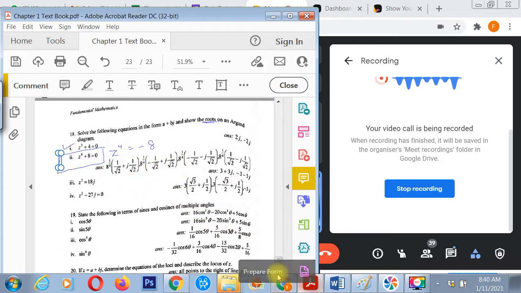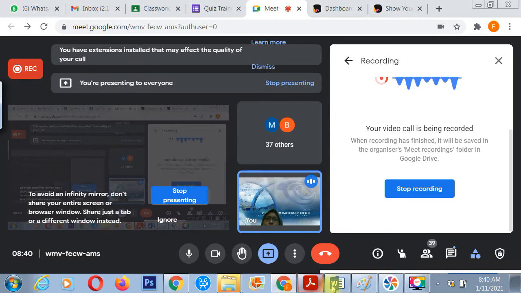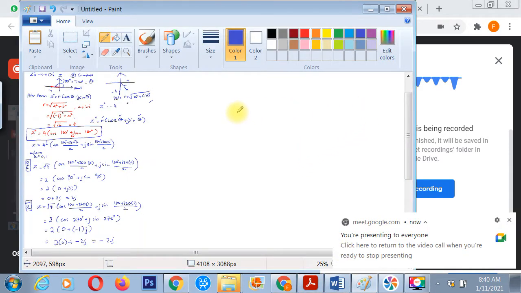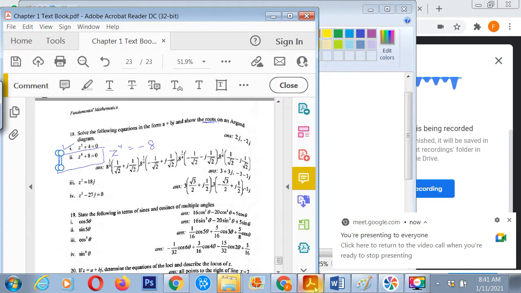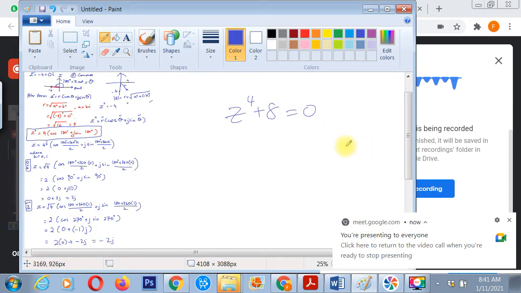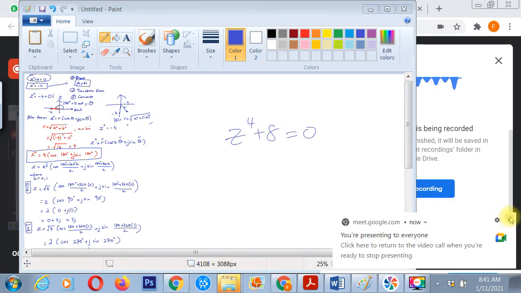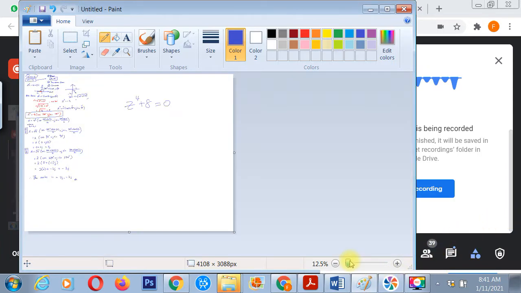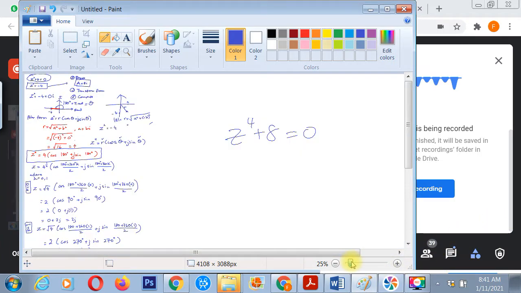Alright, to get this question, z to the power of 4, 8. I will leave it with z to the power of 4 plus 8 equals to 0. So find the roots. I think that's the question. I think this is better.